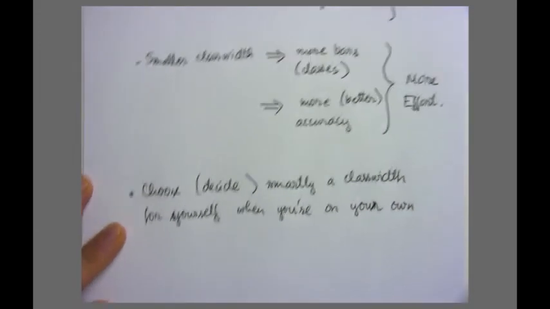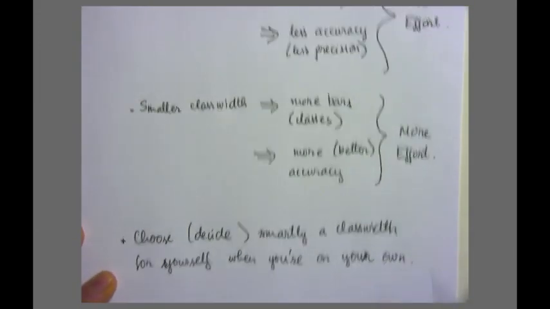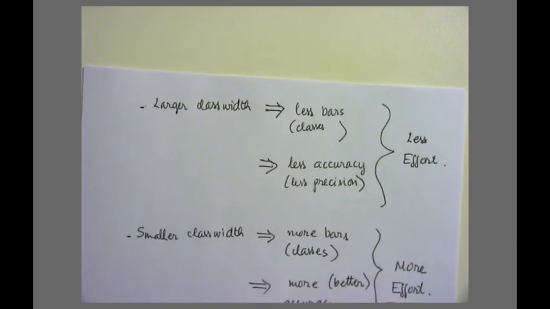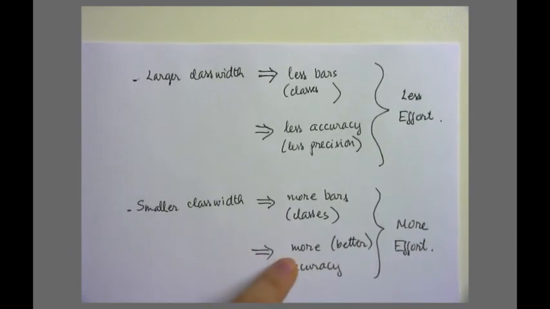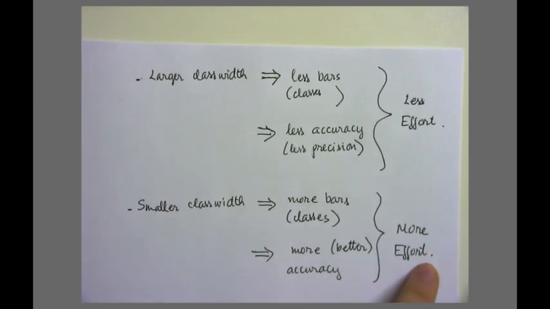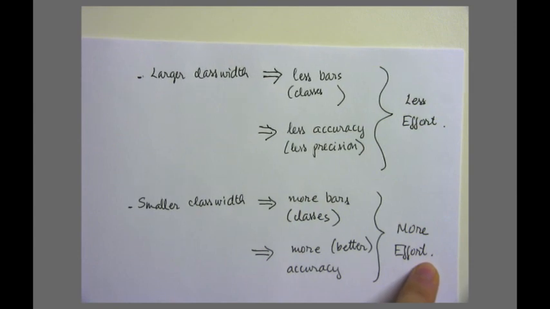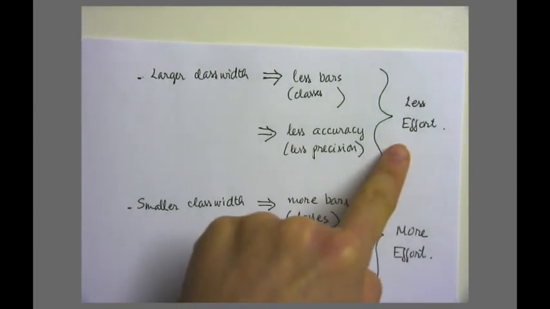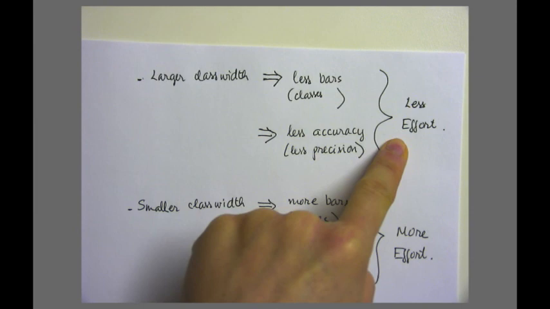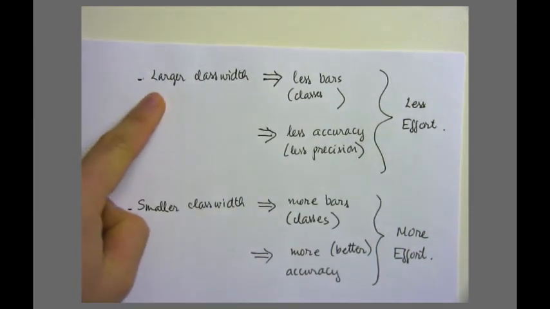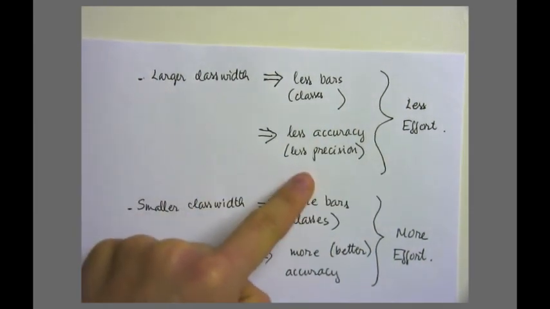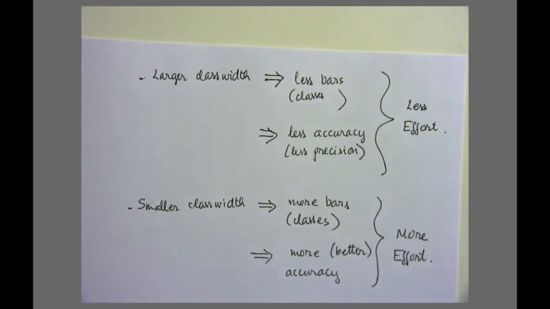The idea is you don't want to choose something that costs you too much effort, even though it has really good accuracy. But you neither want to choose too large a width, because you're going to lose all that accuracy. So choose something good in between, and that's the idea of how you can construct a histogram, along with the class frequency distribution.